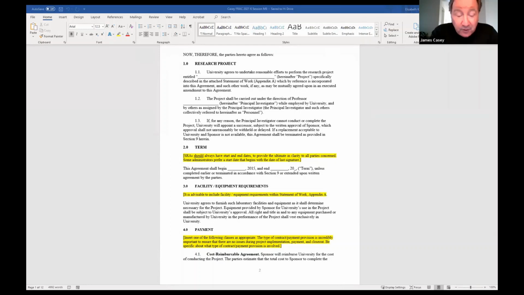But the one point I do want to make up front, and this comes up later, is that when faculty or staff engage in sponsored research, they are, in a way, providing their best efforts on the project.